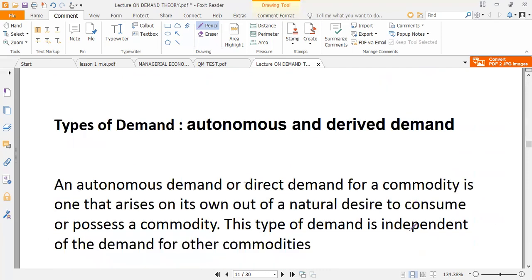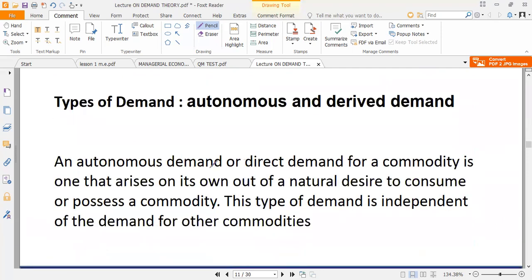So the types of demand, we have what we call autonomous and derived demand. An autonomous demand is simply a direct demand for a commodity, and this one arises on its own, in a natural desire to consume or to possess a commodity.